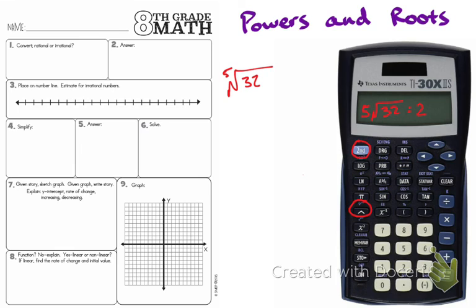I still need to push that second button, and then I can tell my calculator what root I am wanting. In this case, I want the fifth root of 32, and that would equal 2. So I can push 5, and then second, that fifth root of 32, and that would tell me that the fifth root of 32 is the number 2.